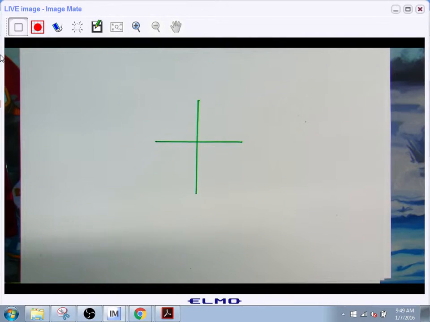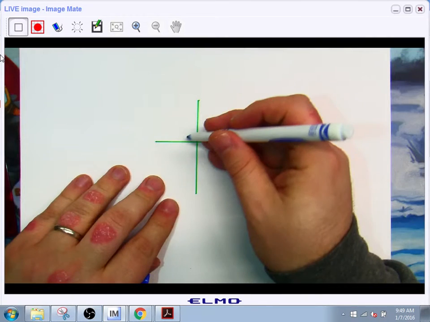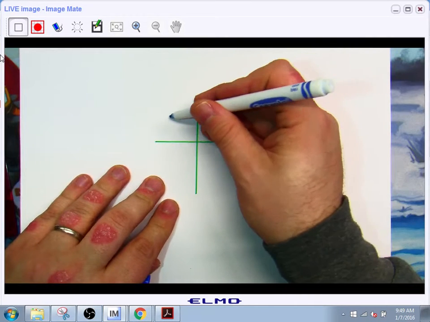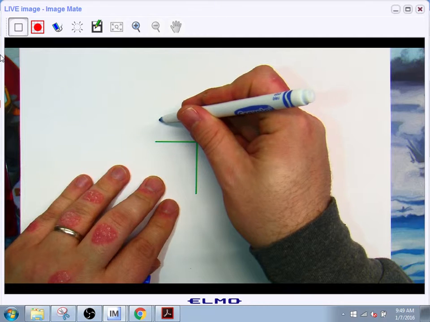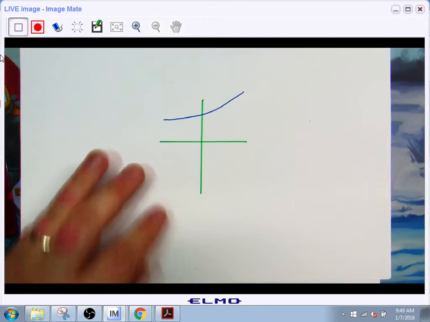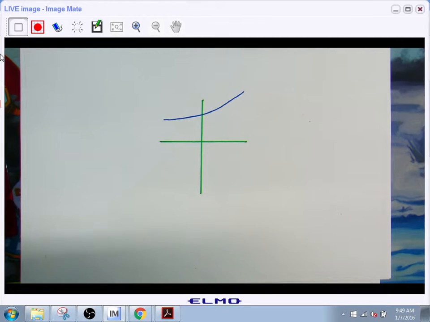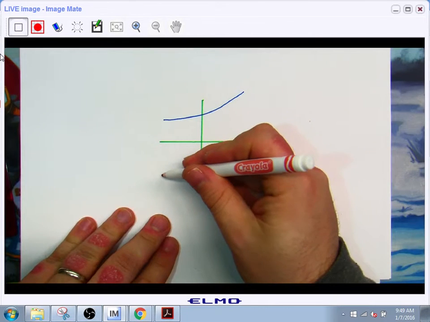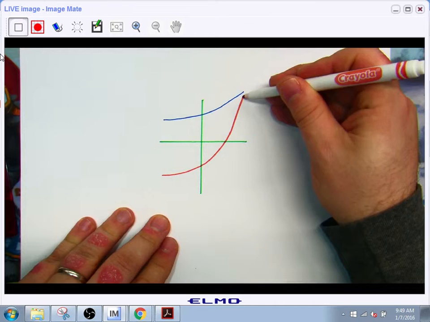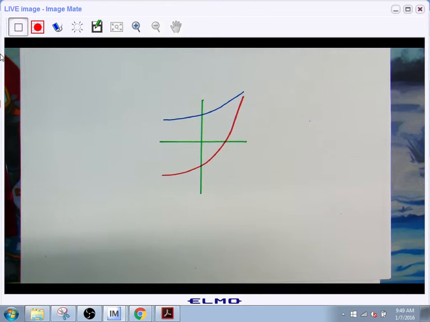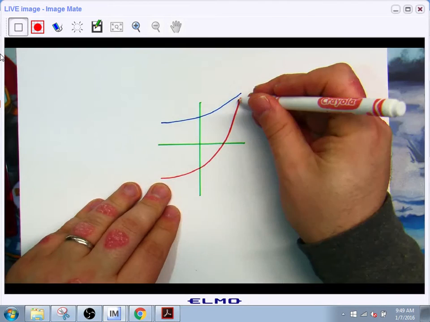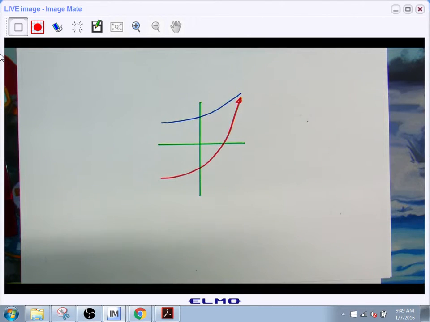And we could have one function that has a very high starting value. Maybe it goes something like this. Okay? And then we could have another function that has a lower value, but goes like this. So which has the fastest rate? It's the red. Okay? The red is going to have that faster rate of change.